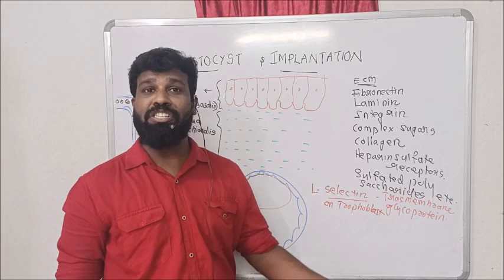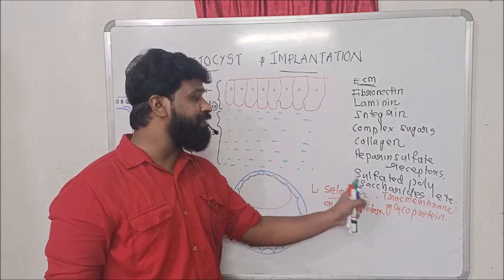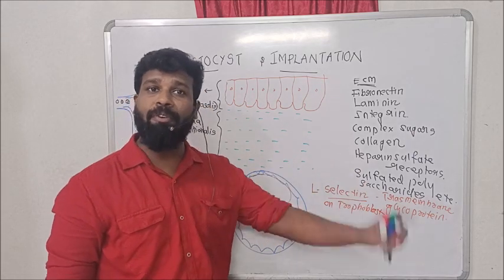This is the initial binding. The L-selectin of the trophoblast attaches to the sulfated polysaccharide of the endometrium of the uterus.